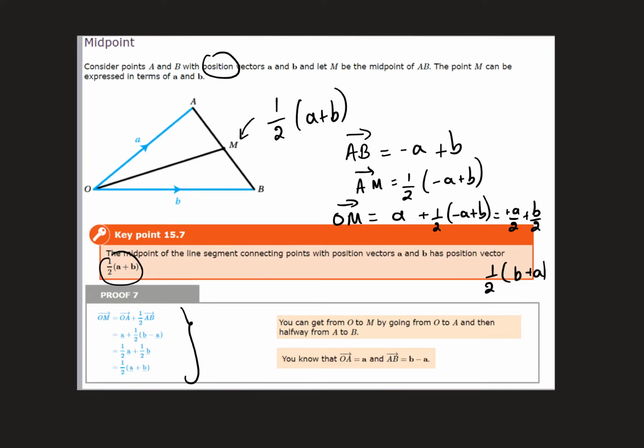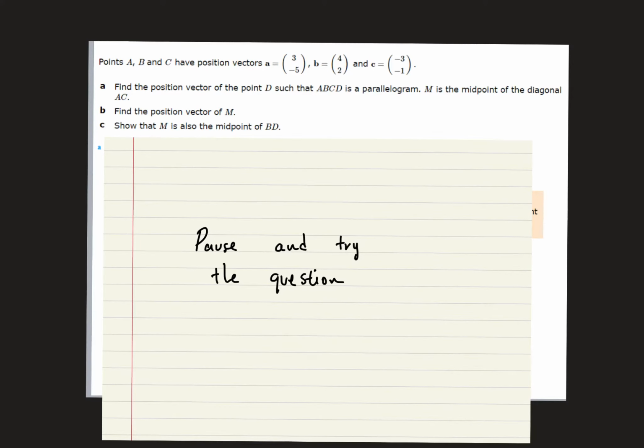So again, the reason we're using this is because it's the midpoint of a line segment connecting points with position vectors. Now, this is why we can use this. So you've got three points, A, B, and C, with position vectors A, B, and C. Because they are position vectors, we know they all must start from 0, 0.